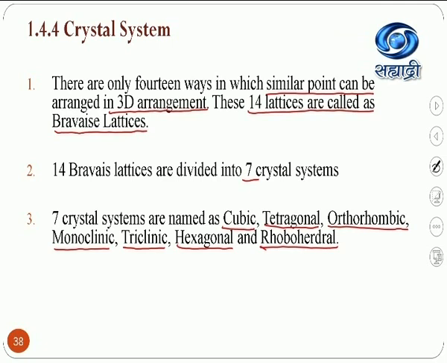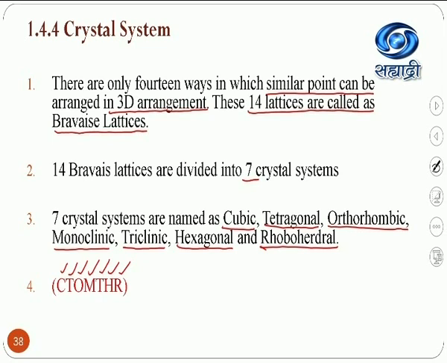We can remember it by making an abbreviation; I just take the initial letter of each system. C for cubic, T for tetragonal, O for orthorhombic, M for monoclinic, T for triclinic, H for hexagonal, R for rhombohedral.